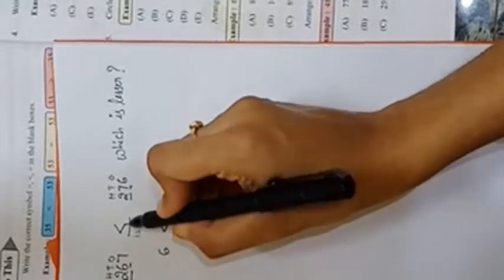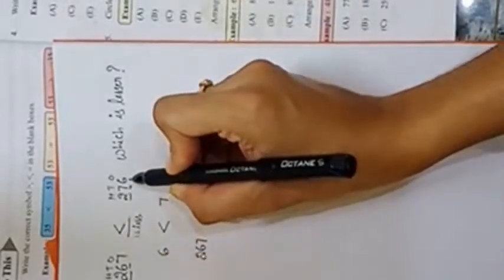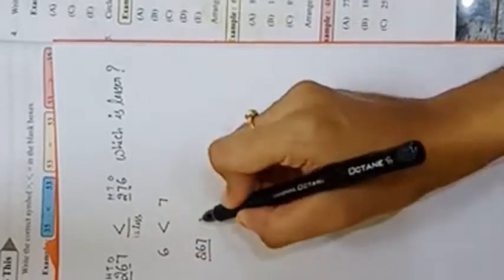This is the less than symbol, children. Which is the lesser number? Obviously 267 is less than 276. Is that clear? So 267 is the answer. Write in this box, 267 is the lesser number.